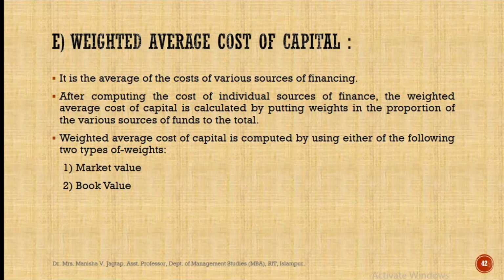After computing the cost of individual sources of finance, the weighted average cost of capital is calculated by putting weights in the proportion of the various sources of funds to the total. Weighted average cost of capital is calculated using either of the following two types of weight. First is market value weight, and second is book value weight.